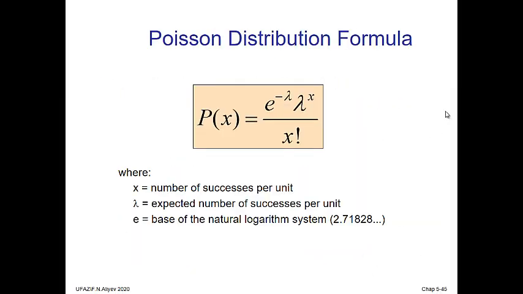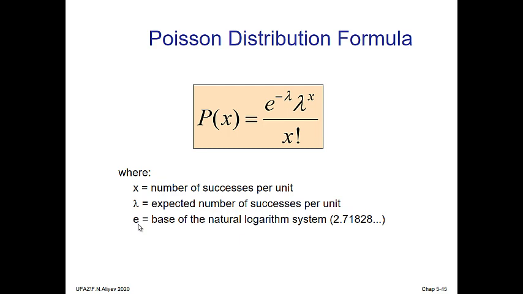Here is the formula for Poisson distribution. As you see, we have a fraction here. In the denominator, we write x factorial, where x represents the number of successes per unit, which is something you want to find. Lambda is the expected number of successes per unit. This is always given in the question, before starting to calculate the probability. It should be given, okay?